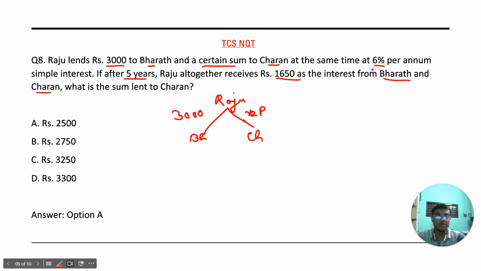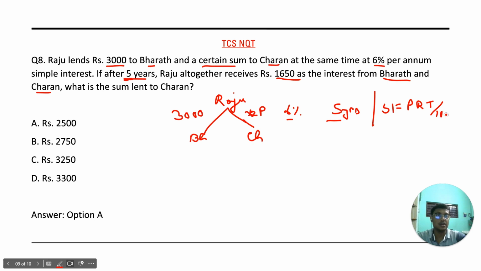The amount is lent to both of them at 6% interest per annum, and the time period is fixed for 5 years. Thus for both of them the time period and the interest rates are same.